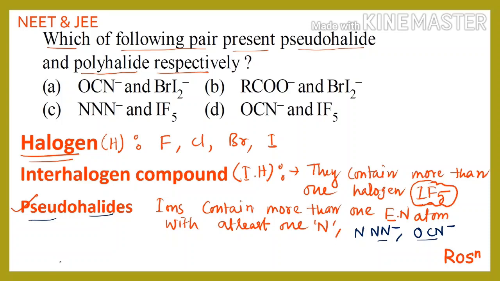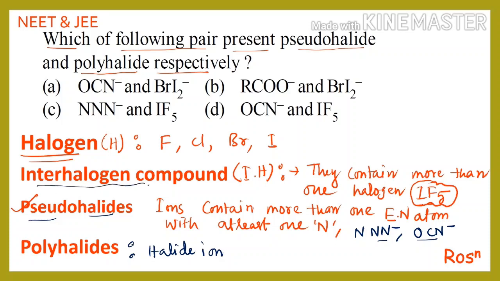Next, I discuss the term polyhalide. Polyhalide means halide ion reacts with interhalogen compound. Clear? Halide ion reacts with interhalogen compound to give polyhalide.